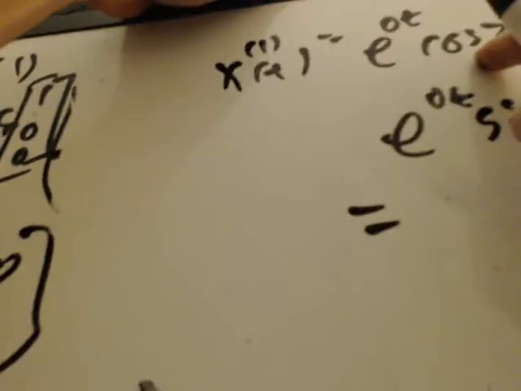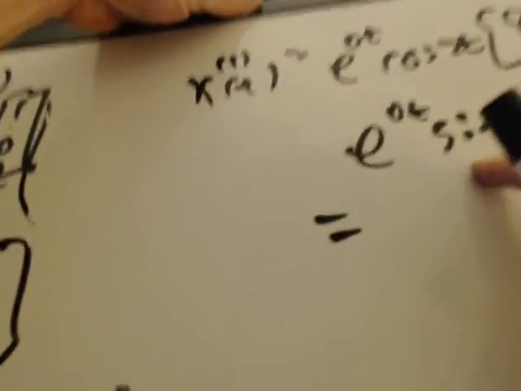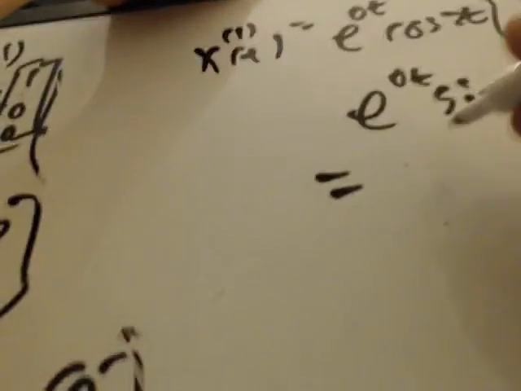Which then I can rewrite, so I have cosine 2t in the middle, sine 2t on the bottom. So I would get 0, cosine 2t, sine 2t.